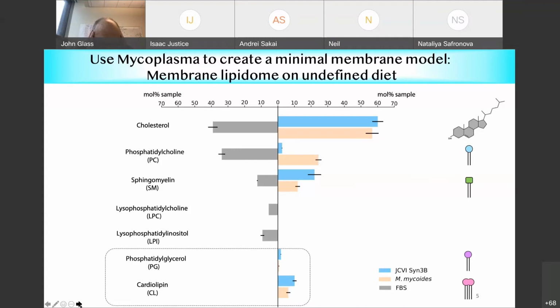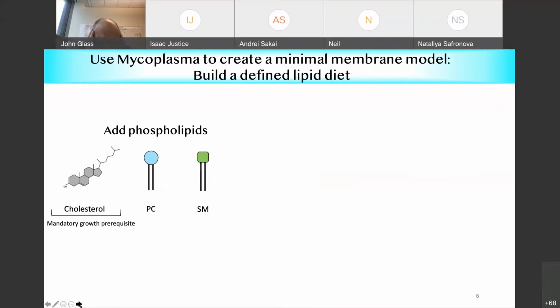So with this initial layout, we can switch to trying to create defined lipid diets by taking cholesterol, which we know is absolutely necessary to support mycoplasma growth, also adding PC and sphingomyelin that they like.